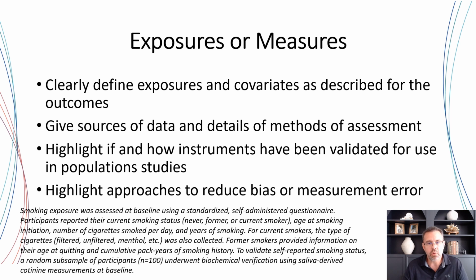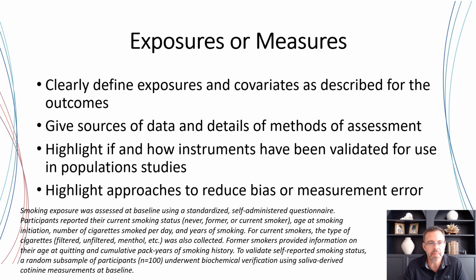And so to do this, I think we want to give our readers sufficient understanding of where those data came from. So what were our sources of data, and what were the details of the methods of assessment, right? So how do we actually go about collecting that information? And so we want to describe this to our readers in detail.